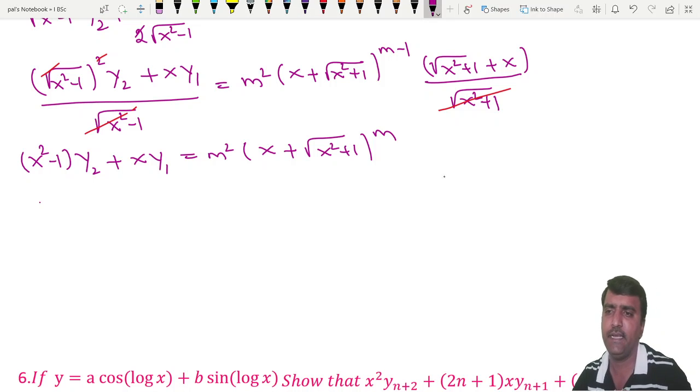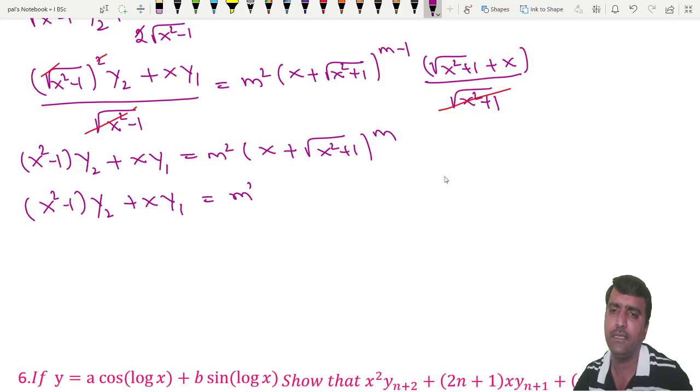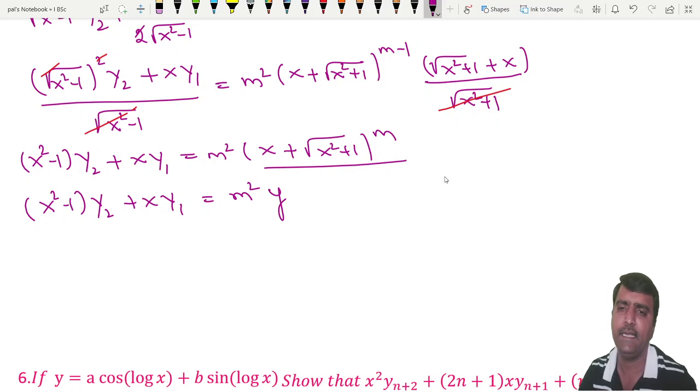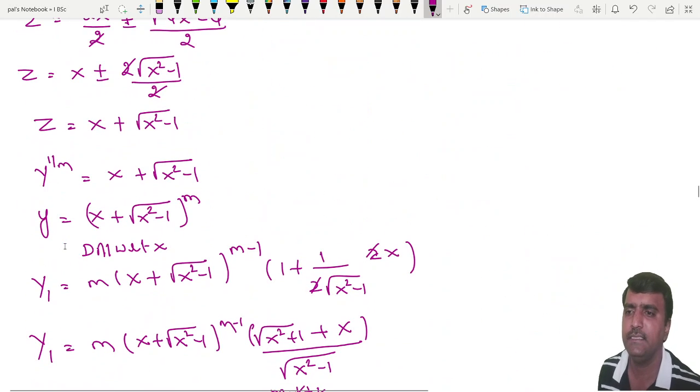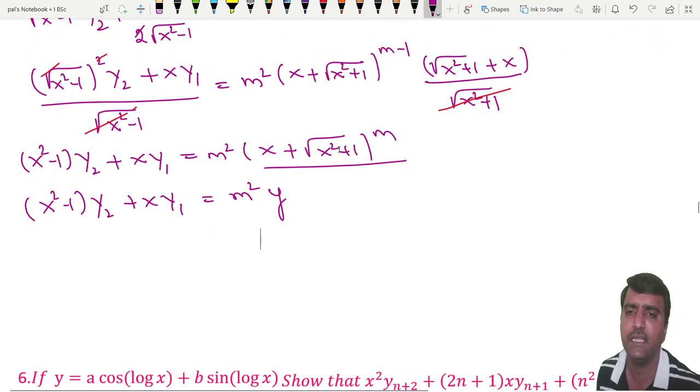Also you can write x square minus 1 y2 plus xy1 is equal to m square into, this can be written as y, right? So you see what y is? y is x plus root of x square plus 1 to the power m.